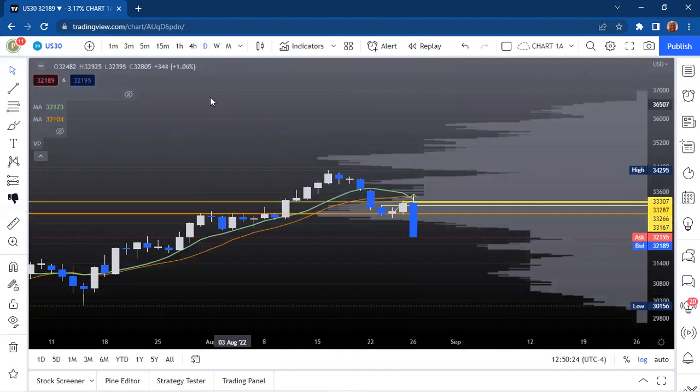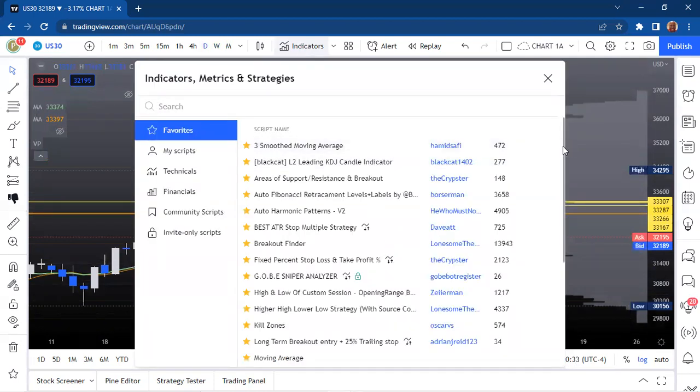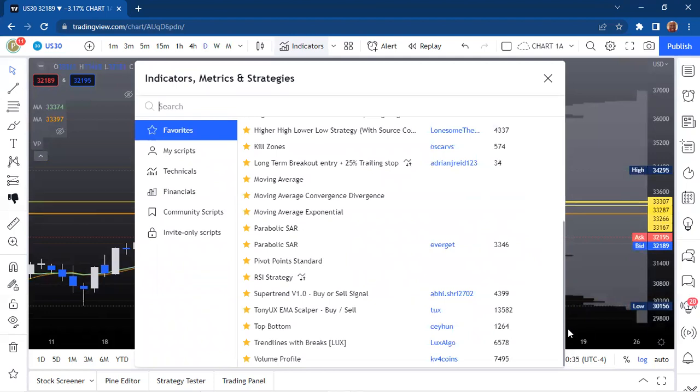Let me just show you where you can find that indicator. If you go to indicators, volume profile is what it's called, by KV4 Coins. He's got over 7,495 people using the indicator.